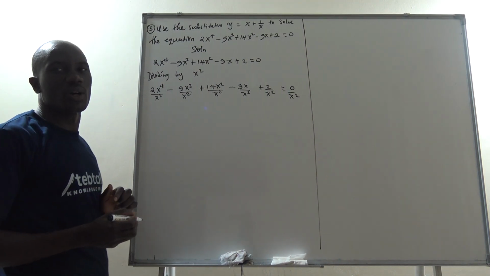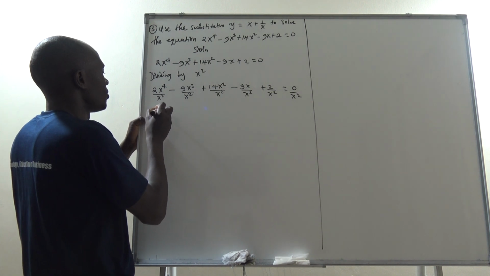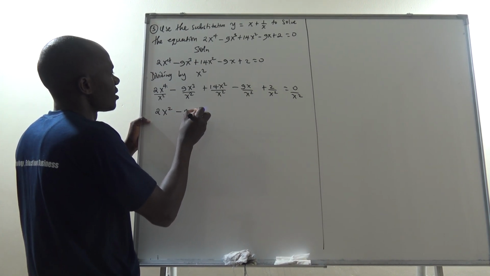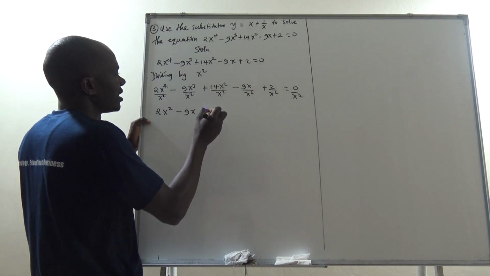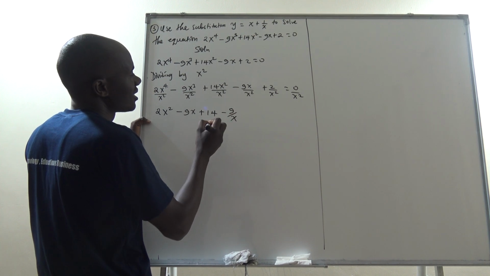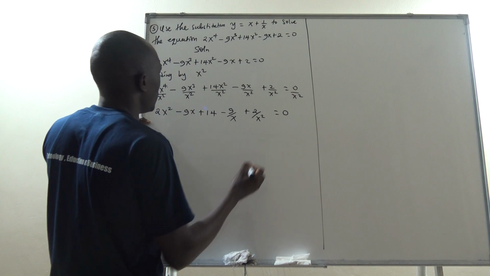That's the first step which we are saying about. So when you reduce this one, we are getting 2x squared minus 9x plus 14 minus 9 out of x plus 2 out of x squared equals 0.